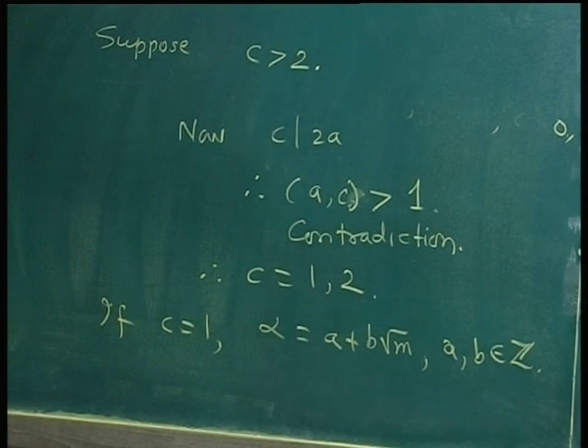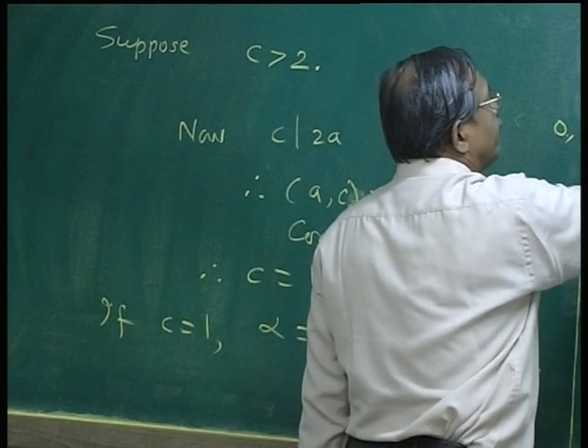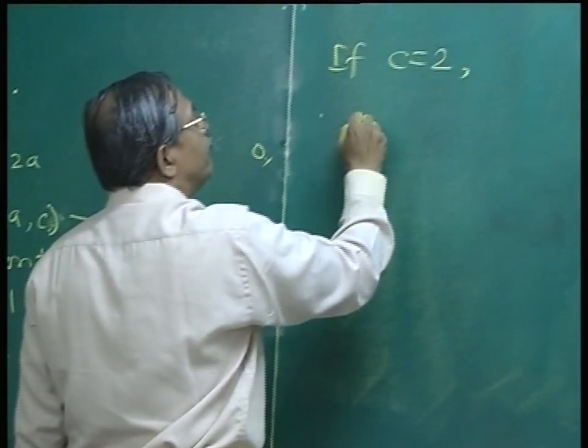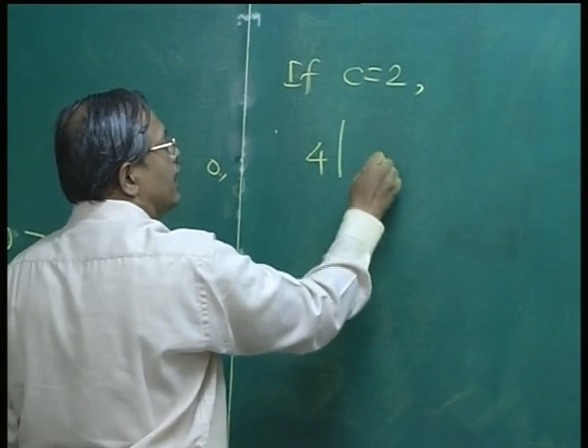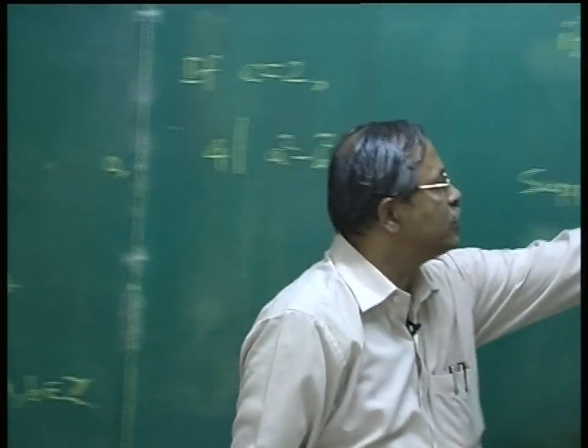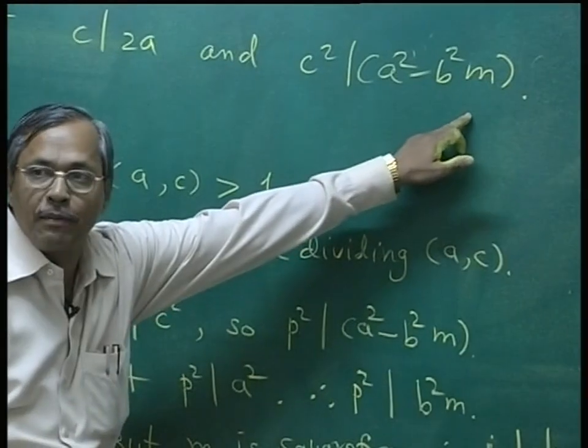So if c equal to 2, 4 divides a square minus b square m. Look at this property, c square divides a square minus b square m.